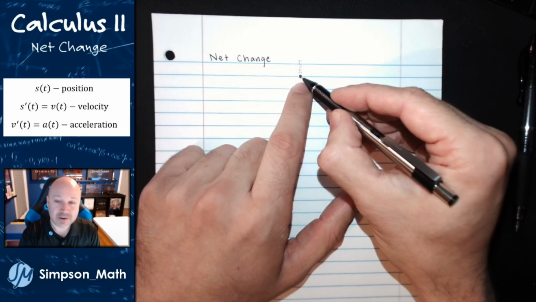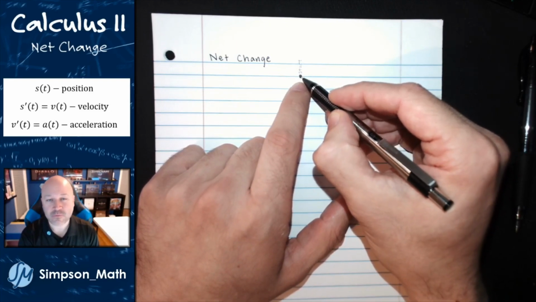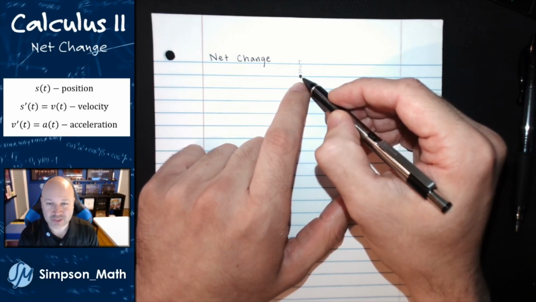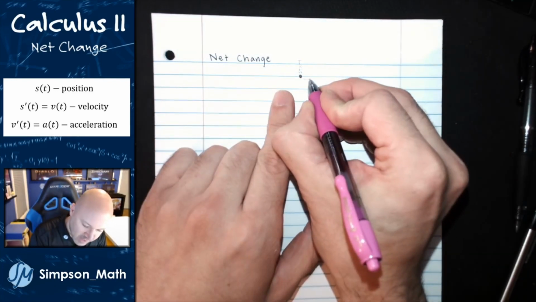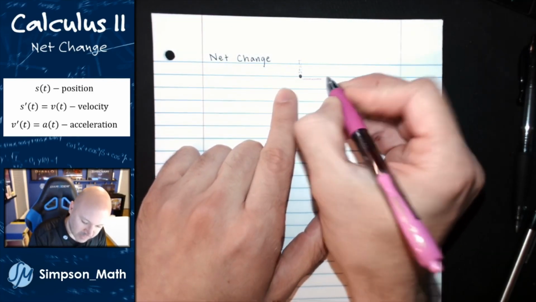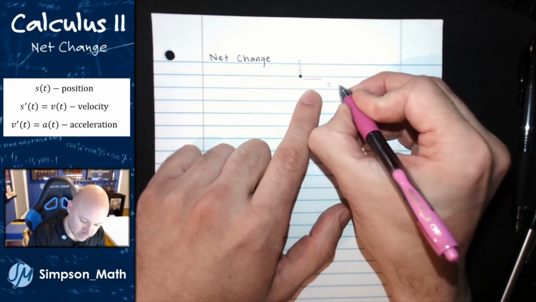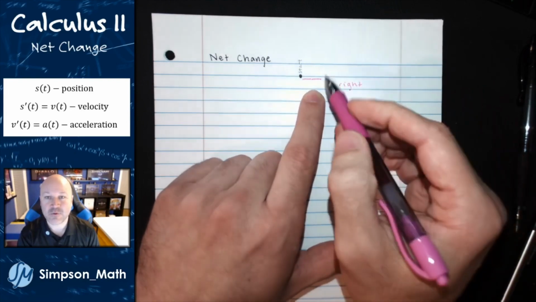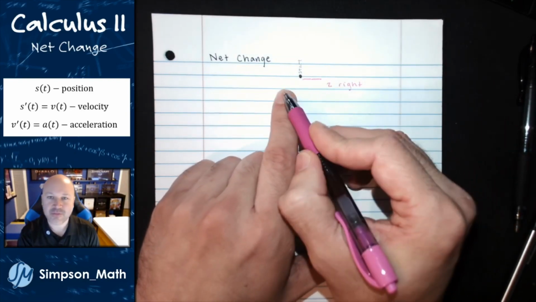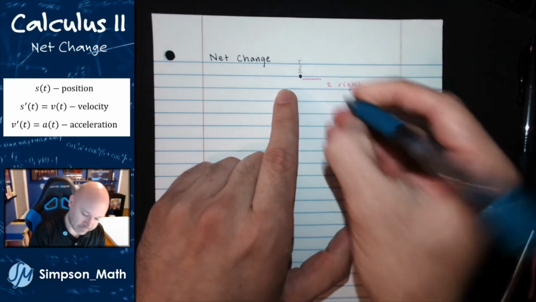So I start here, and I move forward, or in a right direction, 2 units. And then I decide to move left 3 units from there.